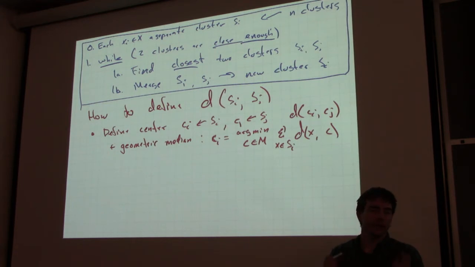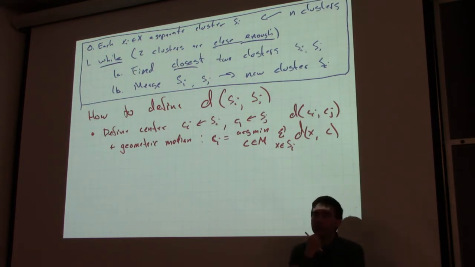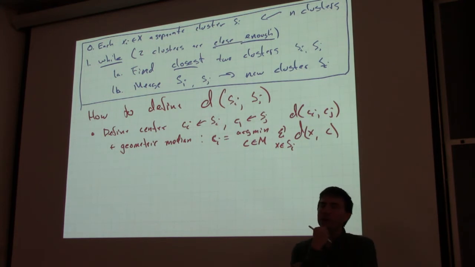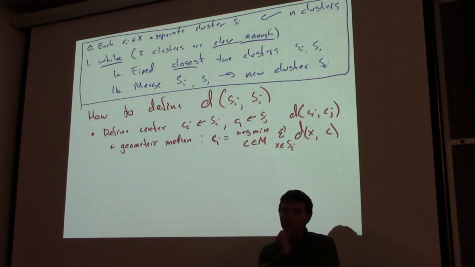It's not necessarily easy to compute. In 1D, this is exactly the same thing as the median of the data set. Even in 2D, using the Euclidean distance, you cannot always compute this in a closed form. You can often approximate it pretty well, but I can't always compute this in a closed form.